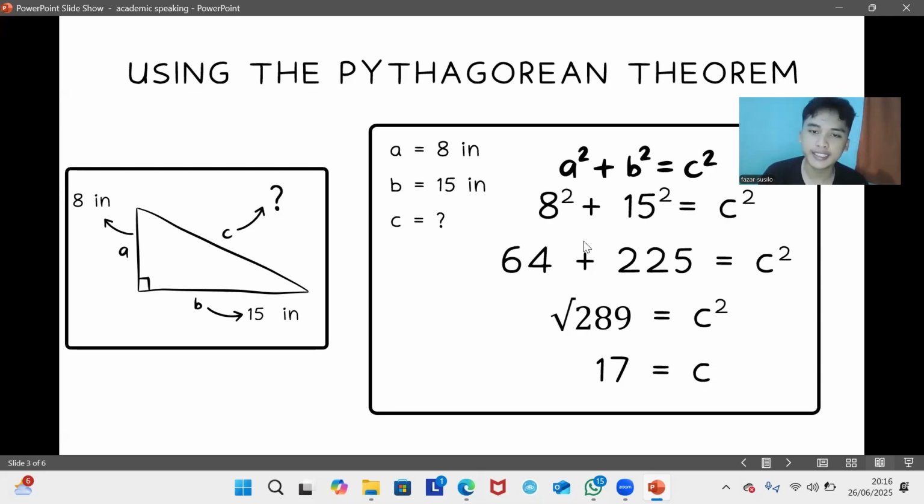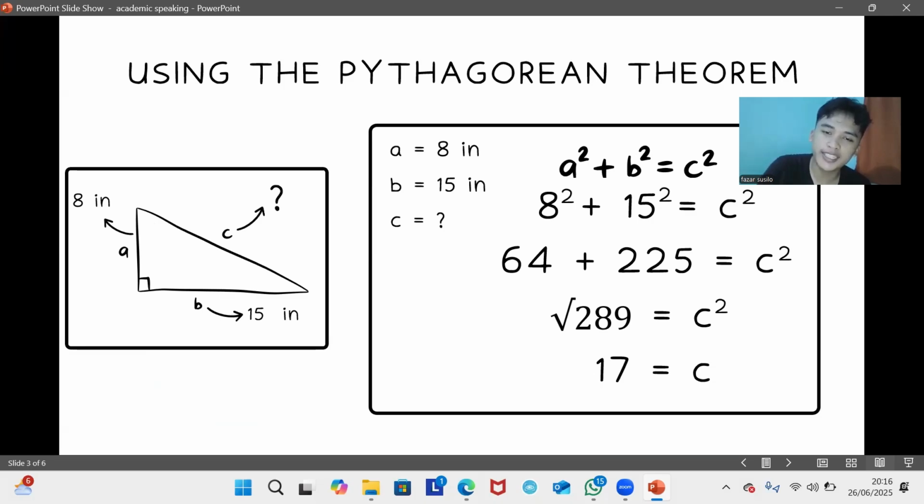And next you substitute the numbers: 8 squared plus 15 squared equals c squared. Because 8 squared means 8 times 8, the result is 64. And 15 squared means 15 times 15, so the result is 225.